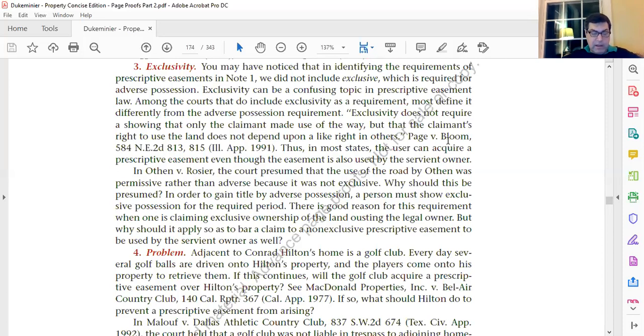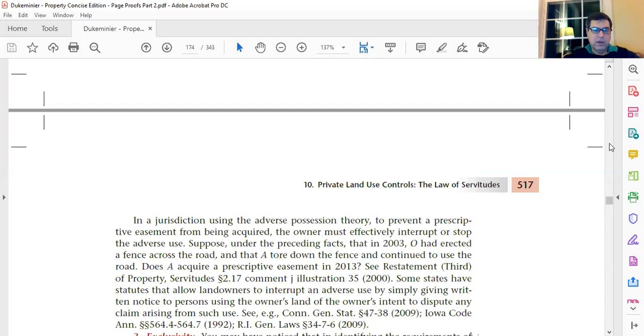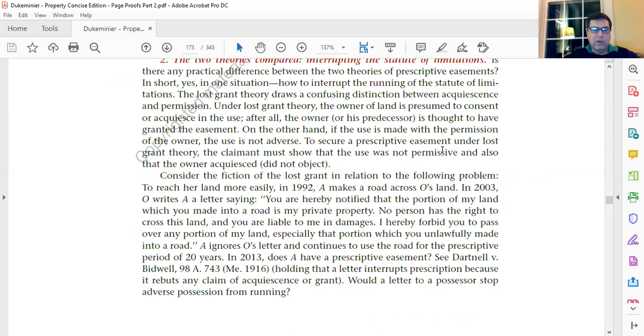So on the lost grant theory, if you go back up to note 2, jurisdictions that assume, or that pretend to assume, that there must have been some grant at some point in the past if you've been using a right-of-way for long enough. The authors tell us that there is a distinction that is drawn between acquiescence and permission.